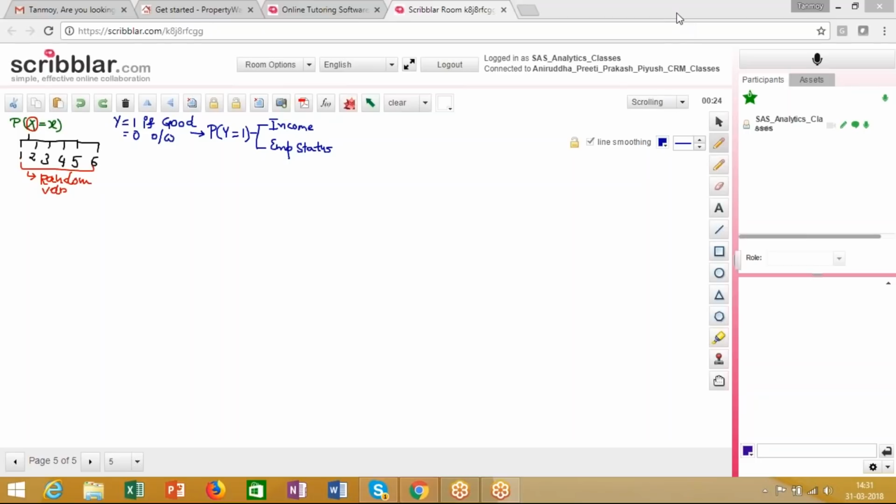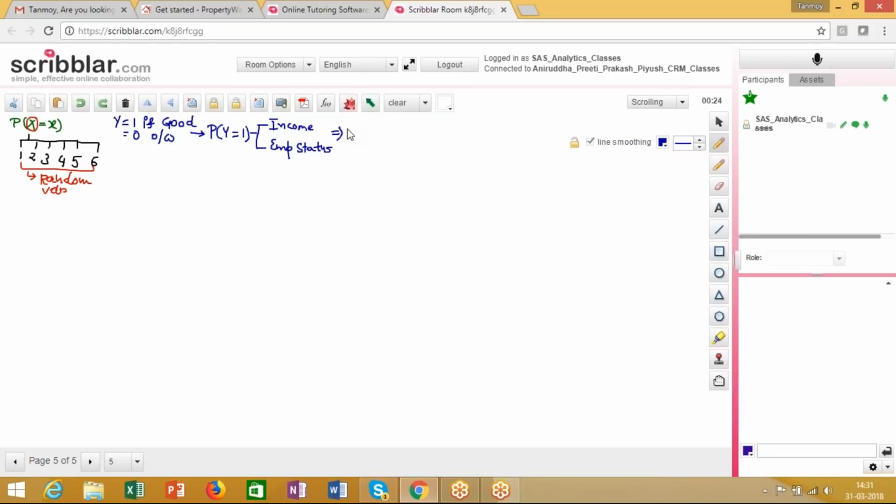So basically what I need to do is create a functional form. Let us say I write a functional form like this. Why I am writing this functional form is something I'll come to later, when we talk about the more advanced modeling techniques.